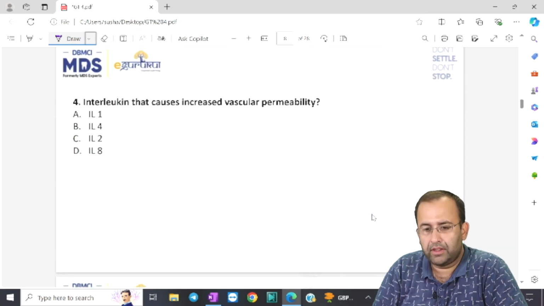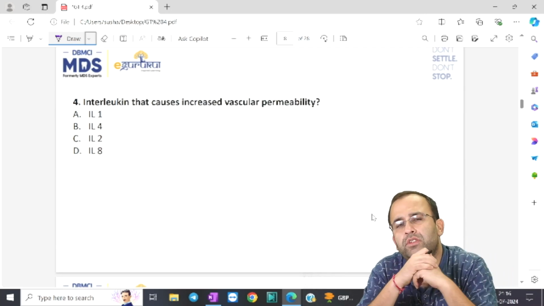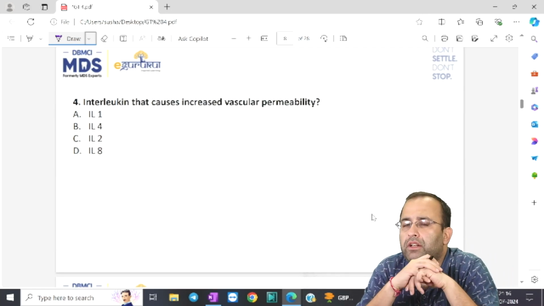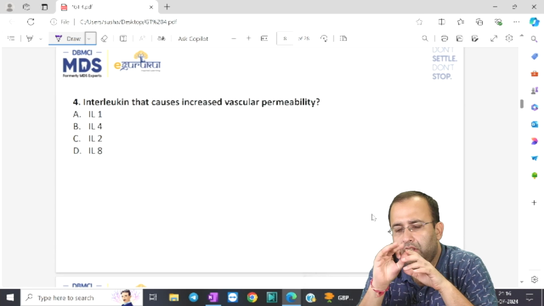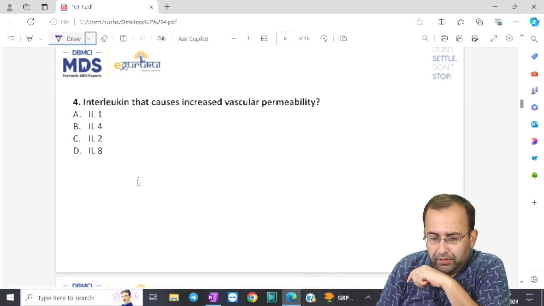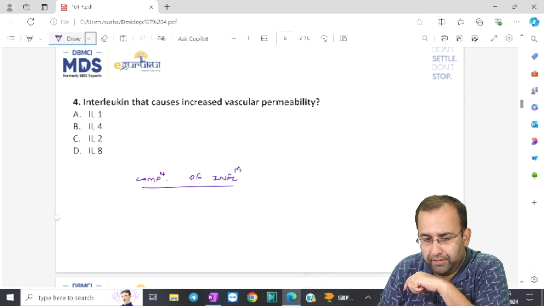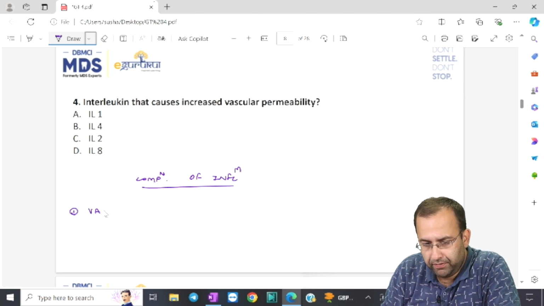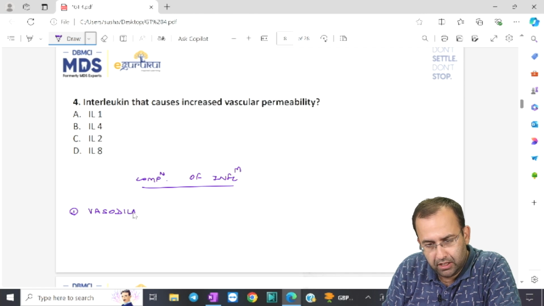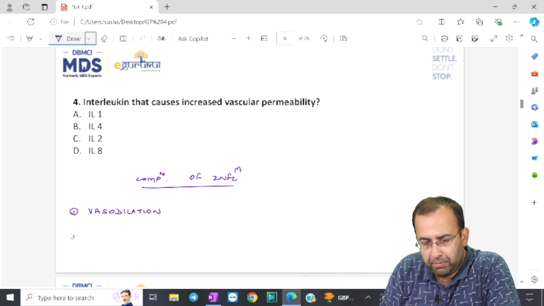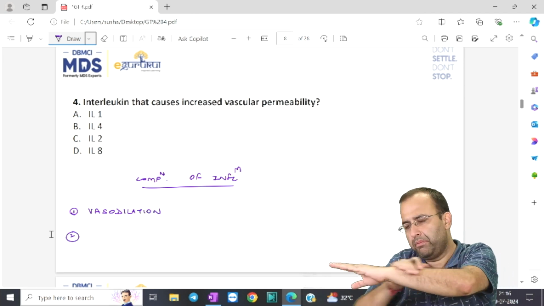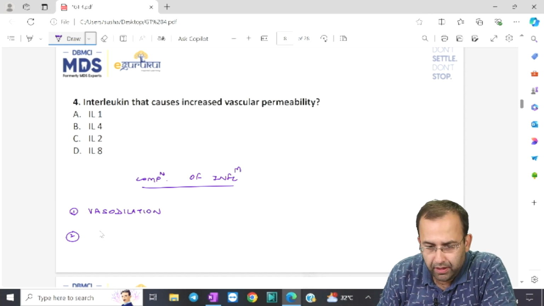Next question. Interleukin that is associated with increased vascular permeability. There are three main components of inflammation. That is vasodilation, the blood vessel dilates. Because of vasodilation, the permeability of the vessel wall increases.